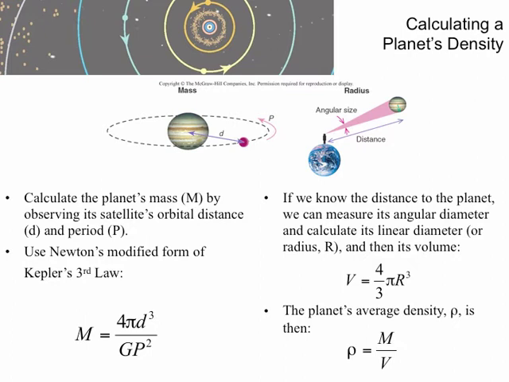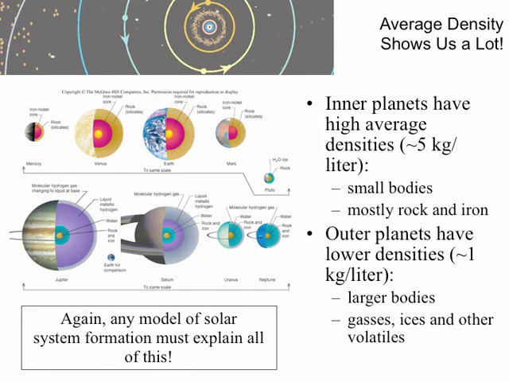This may not seem significant, but average density actually tells us a lot about a planet. Because we know that the inner planets have a high average density, then we can say something about their composition. Clearly, if the planets were composed mainly of gas, we could not have such a high average density.